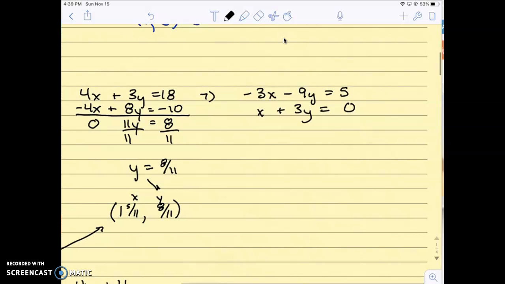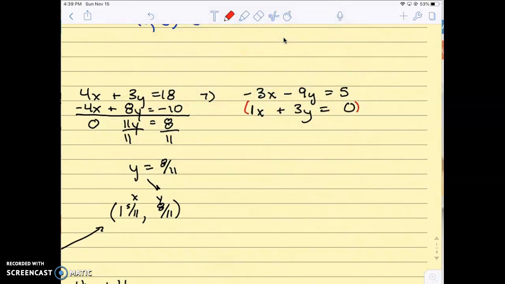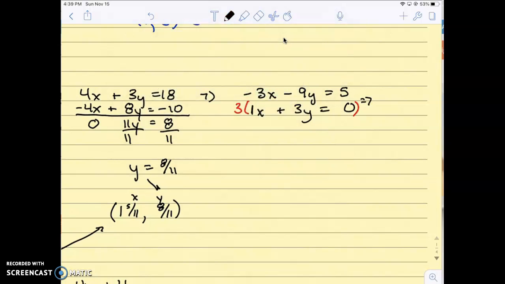Number 7. What do I do to turn a 1x into the opposite of -3? Well, I'm going to multiply the whole thing just by 3. And I wind up with -3x minus 9y equals 5, and 3x plus 9y equals 0.